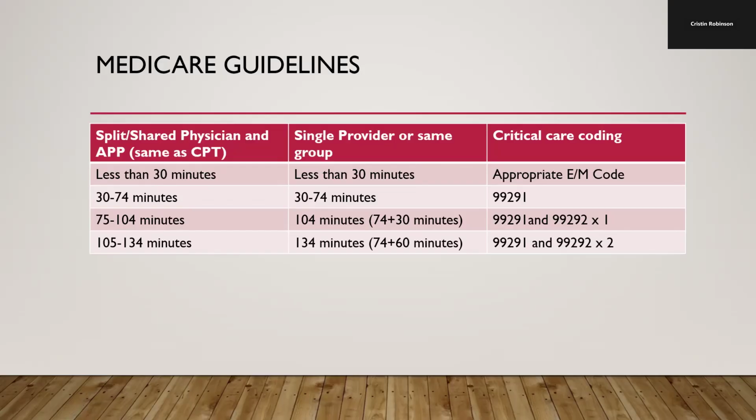If you are billing based on Medicare guidelines, you must meet the full 104 minutes to get that first unit of 99292. And it just goes on from there. 105 to 134 minutes, you're going to get 2 units for the AMA CPT guidelines, or you have to meet 134 minutes to get that second unit of 99292, and the list goes on.